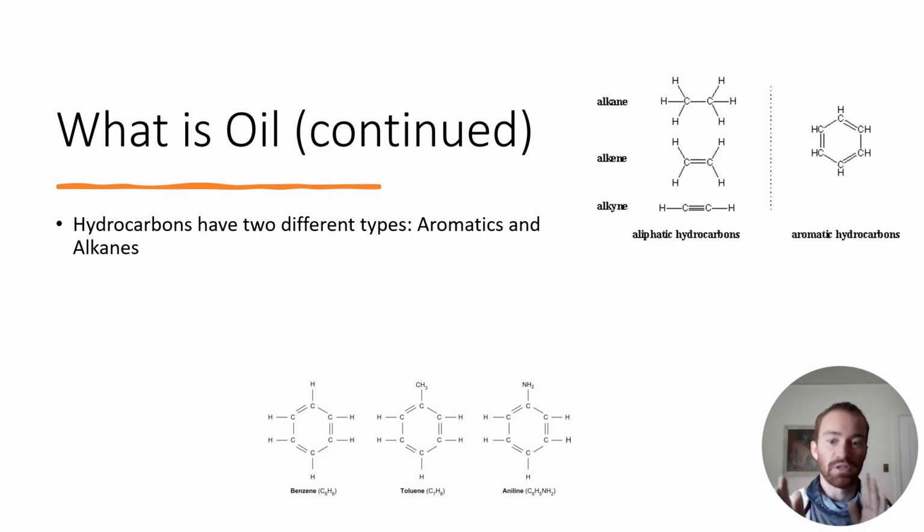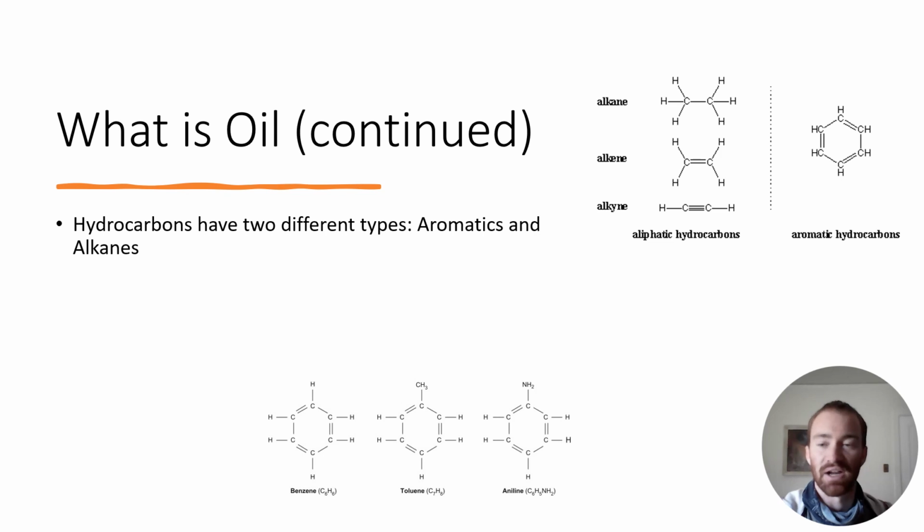Now there are two different types of hydrocarbons. The first is aromatics, which is a 6-carbon ring structure like I have here on the bottom. Aromatics can be very toxic, which I will discuss later on.